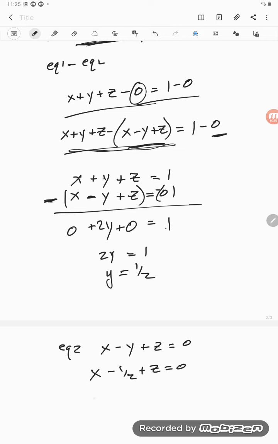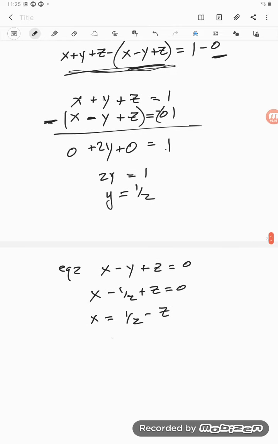And if I solve for x here, I get x equals 1/2 minus z. And in that case, what we have then is z is arbitrary.